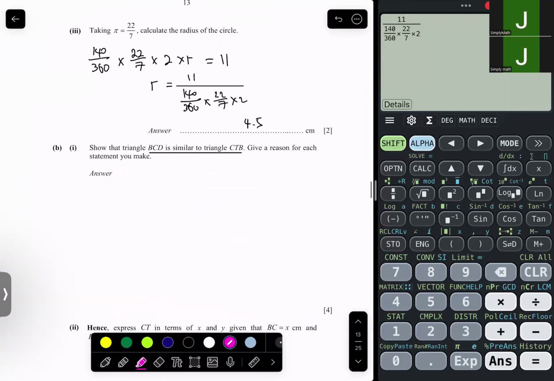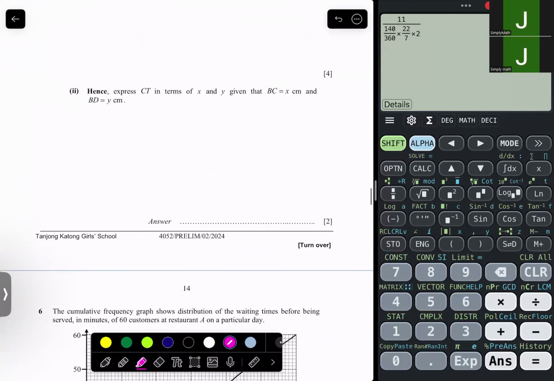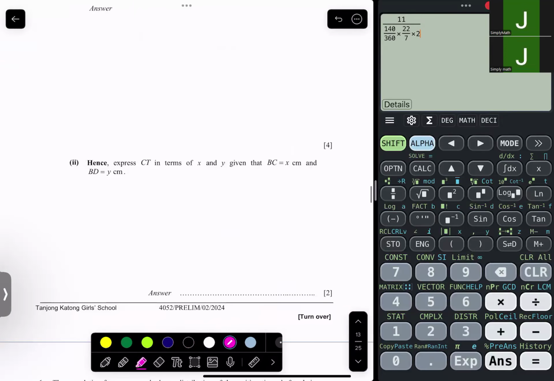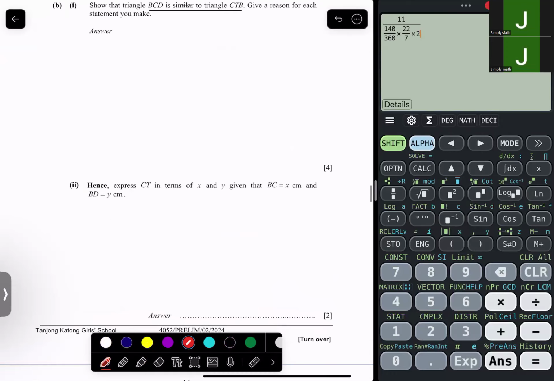Similar by AAA. Hence, express CT in terms of X and Y, given that BC equals to X and BD equals to Y. Since it's a hence, it's already similar, right? So I'm just going to write down the similarity.